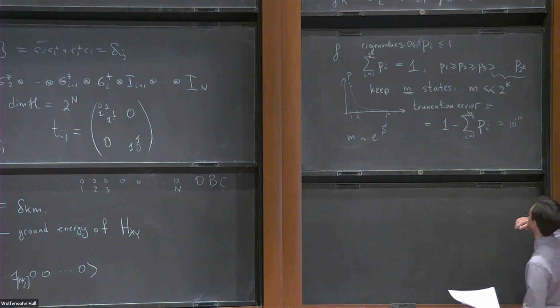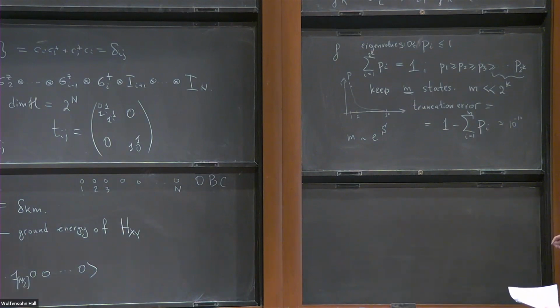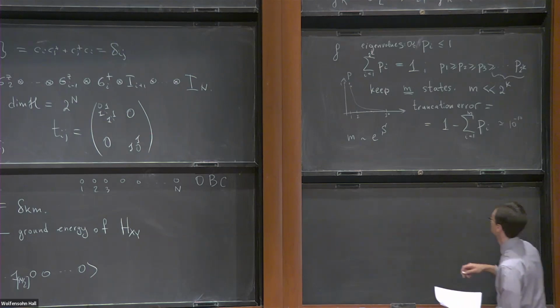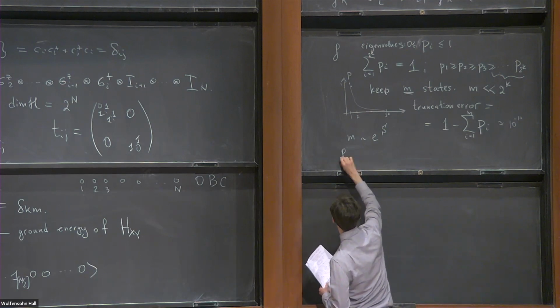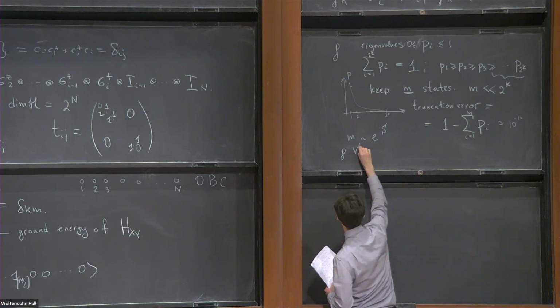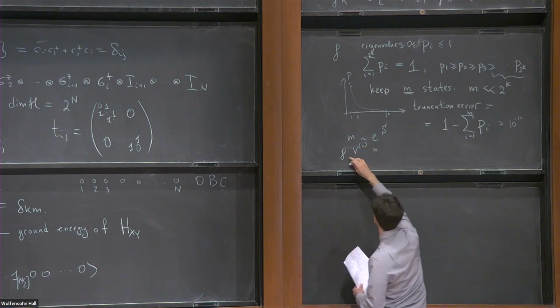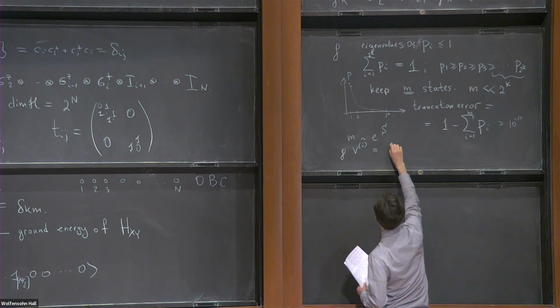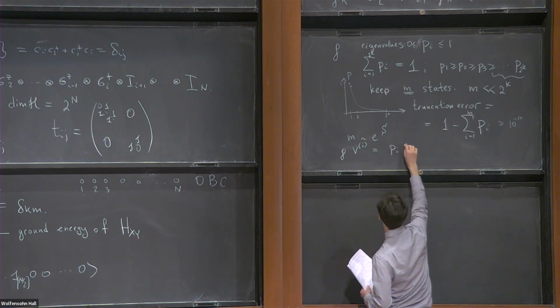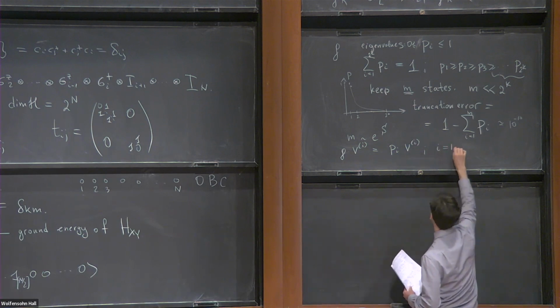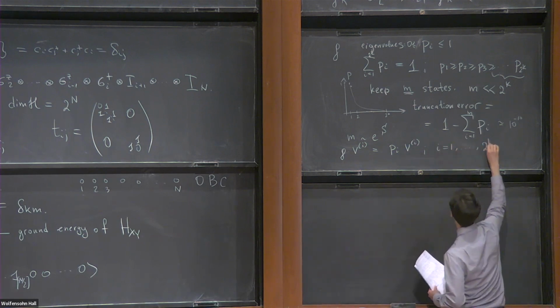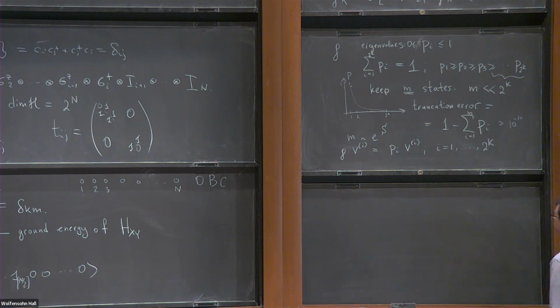To finish this idea, we keep only the highest probability states of our density matrix, and let me build a matrix. If I have eigenstates of my density matrix, let me call them V_i. If rho acts on V_i, it gives me the probability P_i times V_i, where i goes from 1 to k.